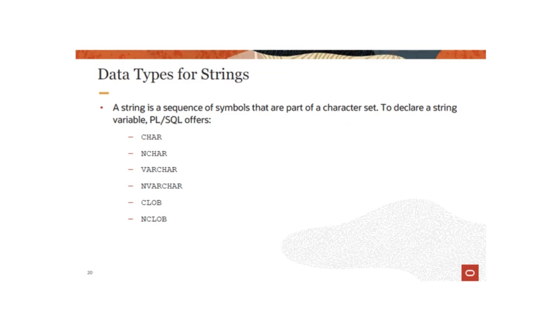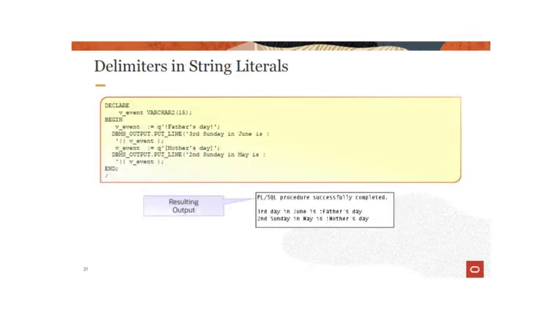CLOB, used to store a variable length string that can store data up to 128 terabytes. You can use a CLOB data type if you expect the character string length to be greater than 32,767 bytes.